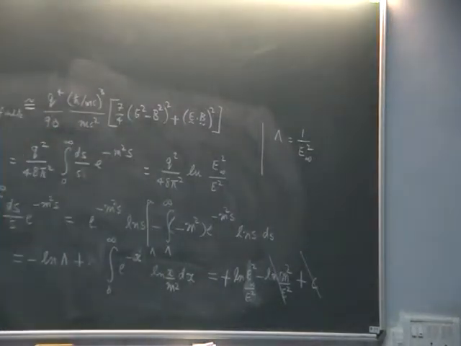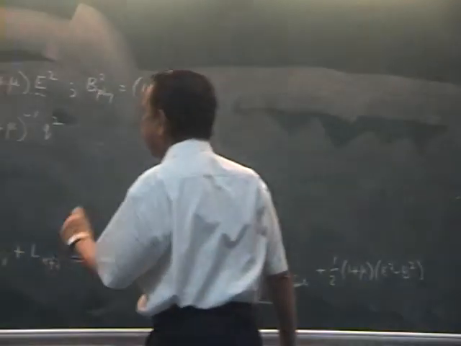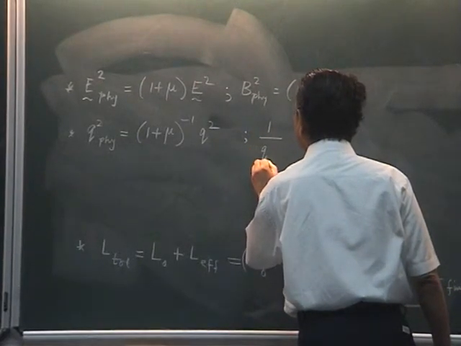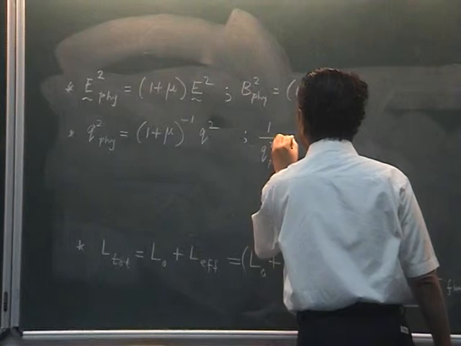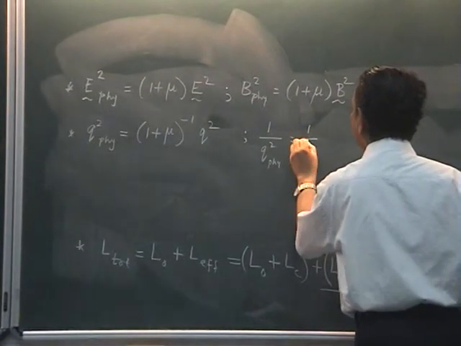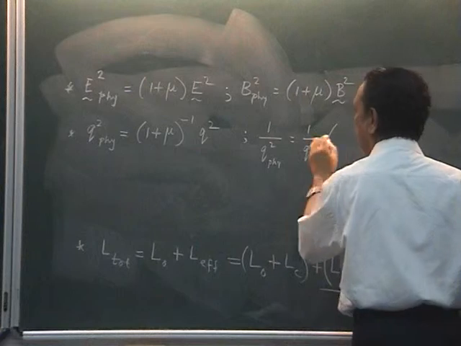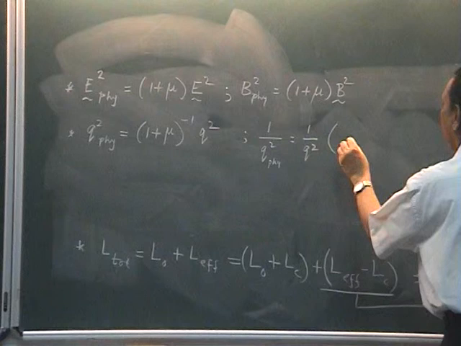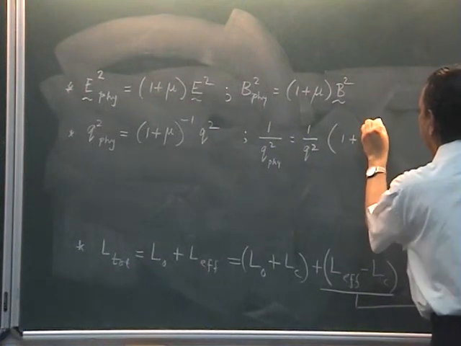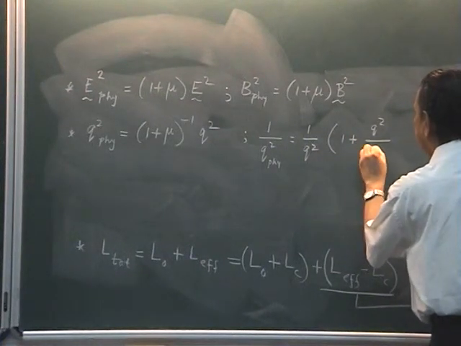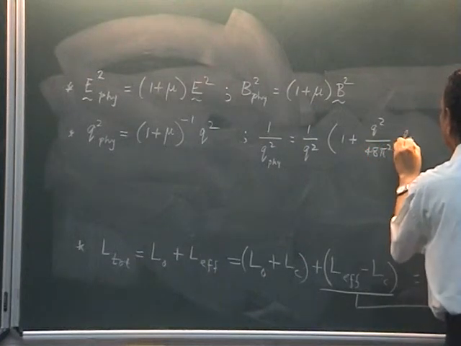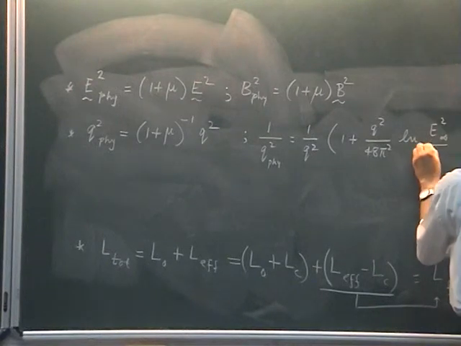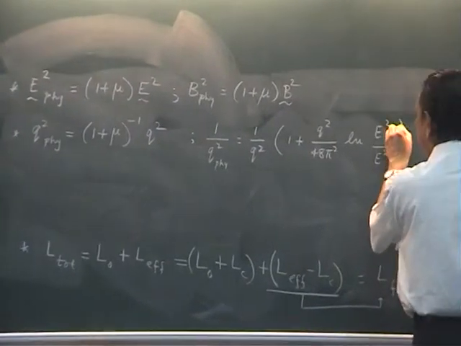In order to understand what it means, let us go back to this relation and write it as 1 upon q physical square is equal to 1 upon q square into 1 plus mu. And 1 plus mu is what we have here. 1 plus mu is 1 plus q square upon 48 pi square log E infinity square upon E square.